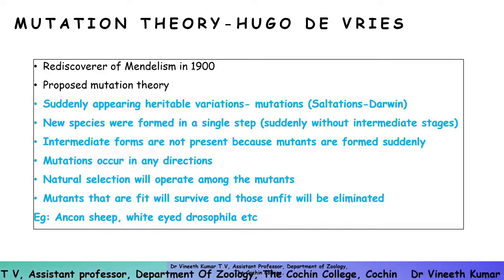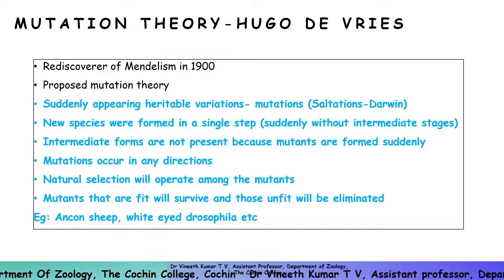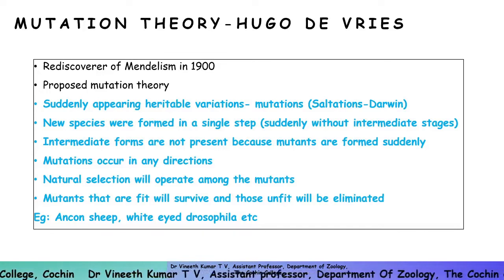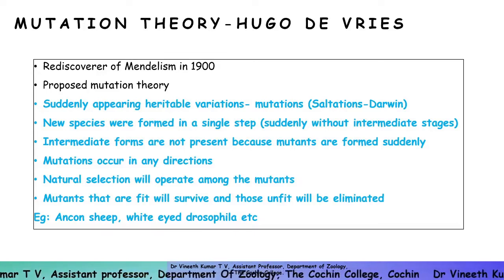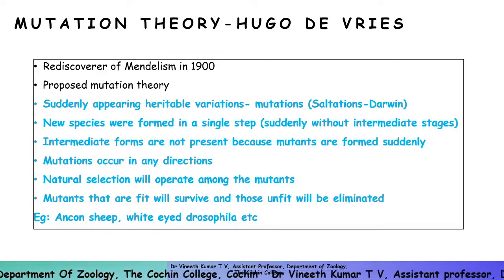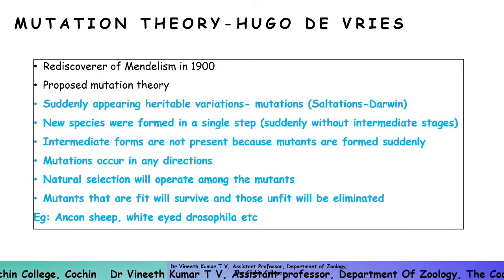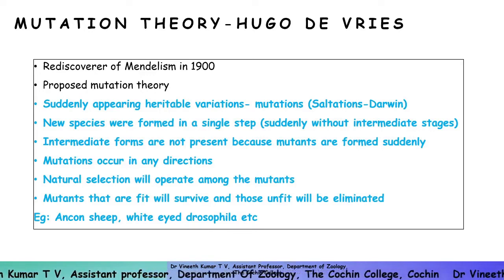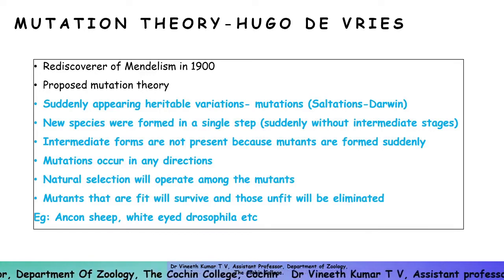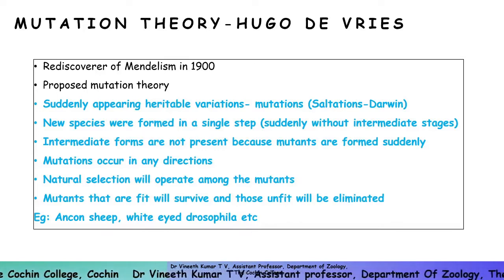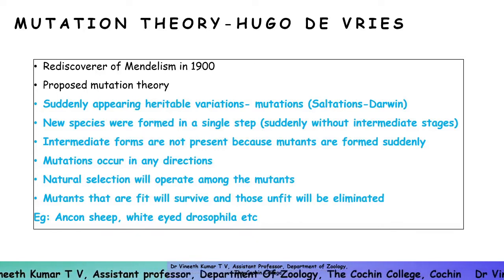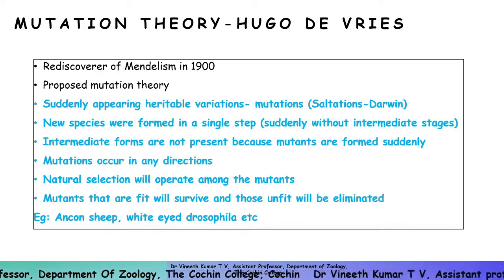New species were formed in a single step, that is, without any intermediate changes, as suggested by Darwin. So, Darwin suggested that a new species evolves gradually through many intermediate stages.